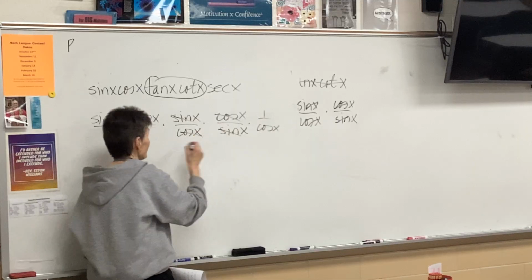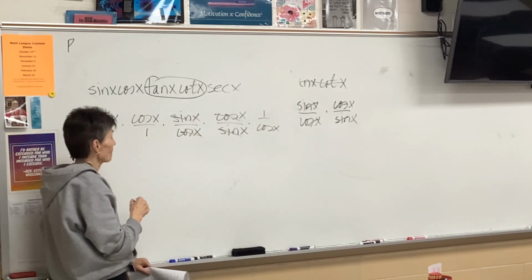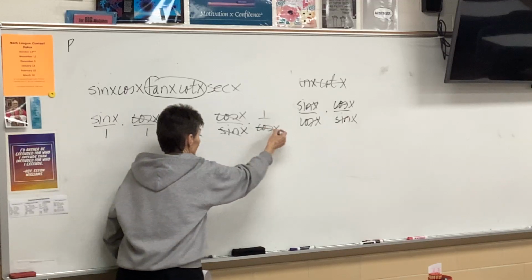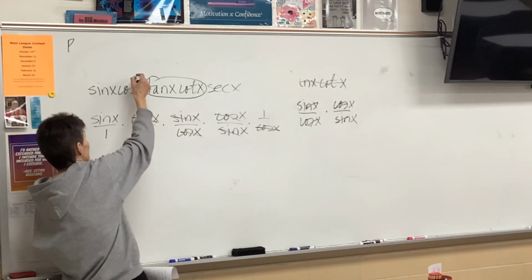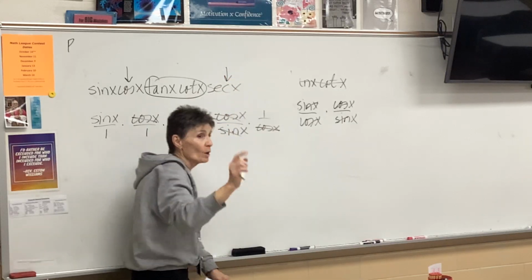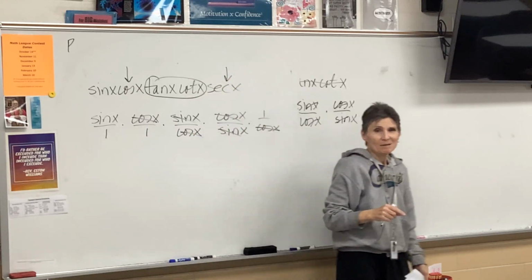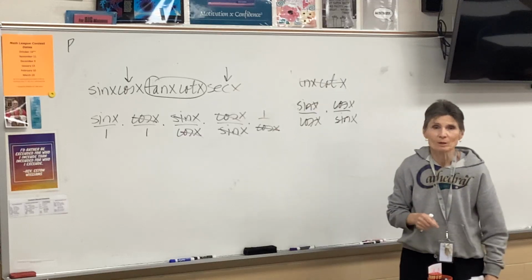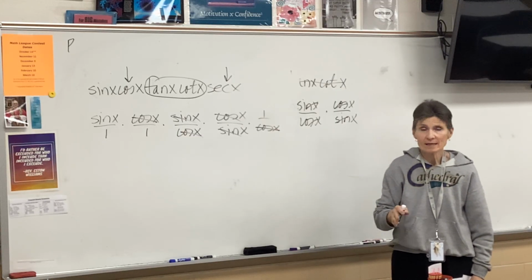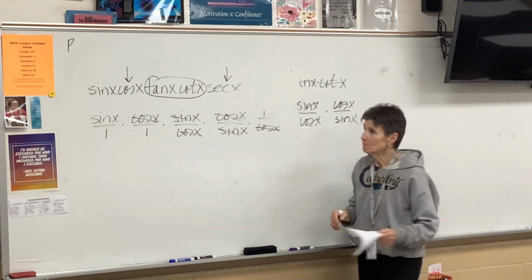So right there they are. They're just gone. Now notice, this cosine is going to cancel with this cosine. So it's this one and this one are canceling. Why are they canceling? Because they are also reciprocals. When you multiply reciprocals, they're going to cancel out every single time.